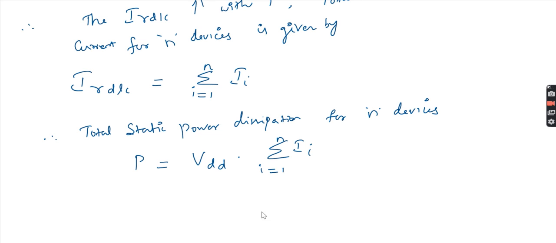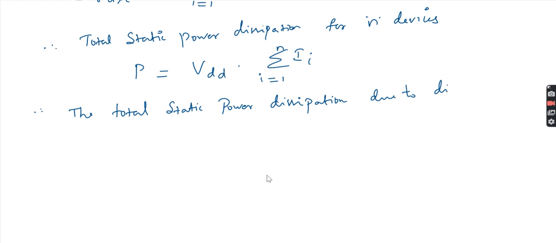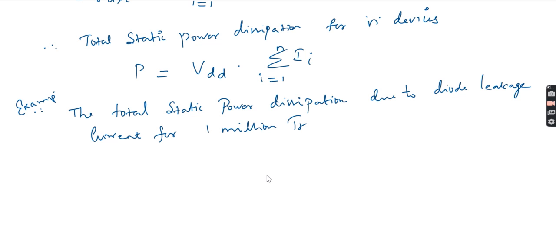Now the total static power dissipation due to diode leakage current, just as an example, for 1 million transistors.